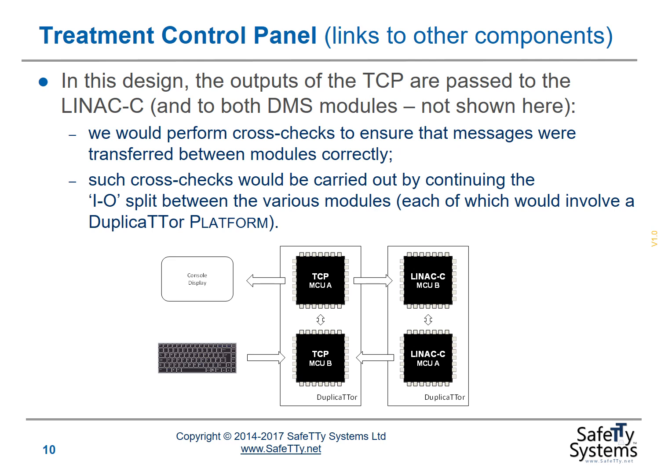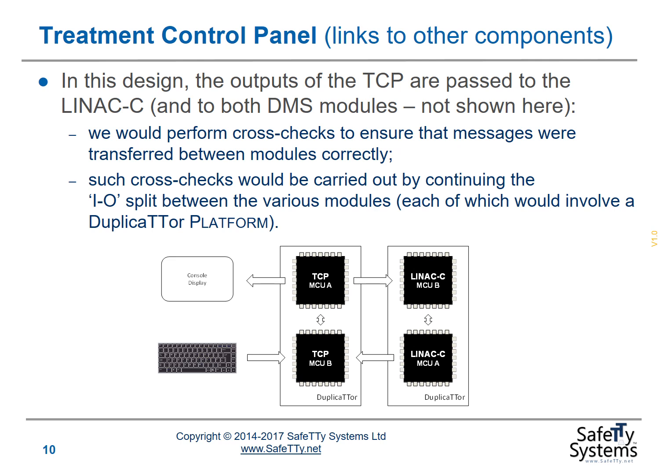So in this design, the outputs of the TCP will be passed to the LINAC controller and to both DMS modules. These are not shown here. We would again perform cross-checks to ensure that the messages were transferred between modules correctly.